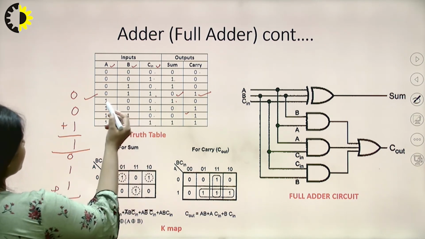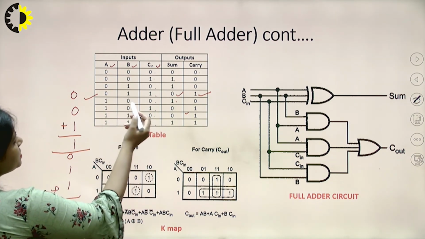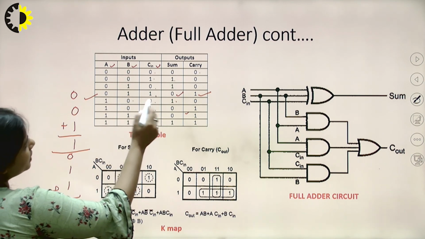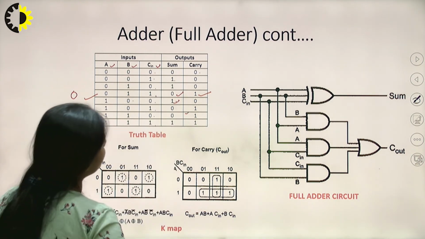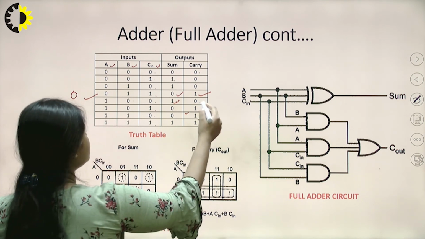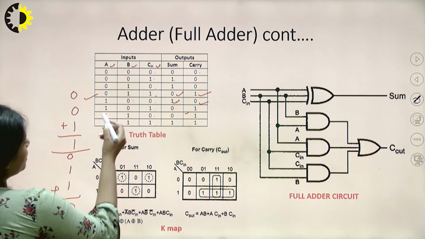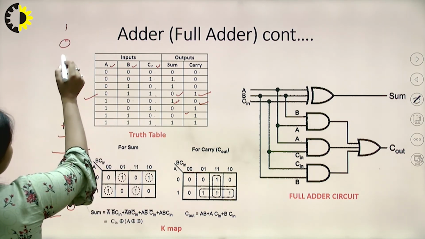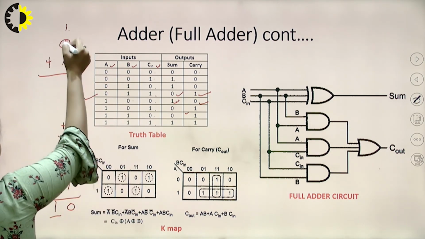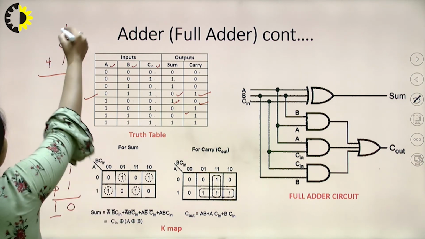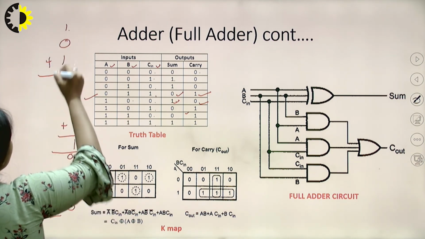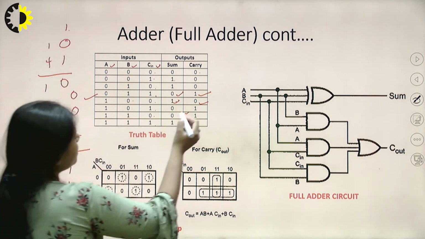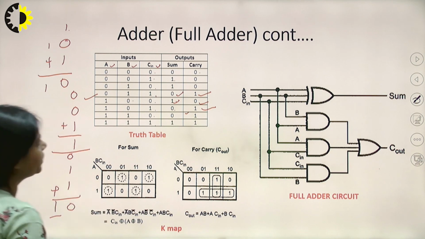Again for 1 0 0, the sum is 1 and the carry is 0. For 1 0 1, the sum is 0 and the carry is 1.